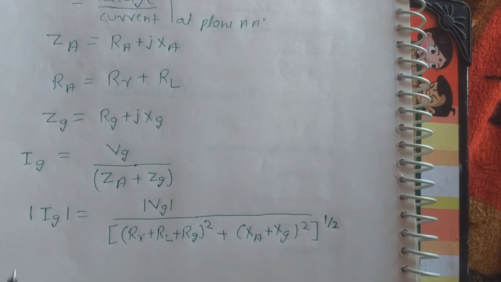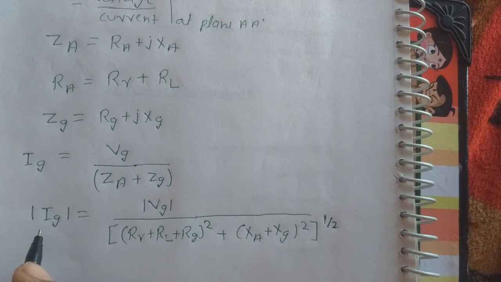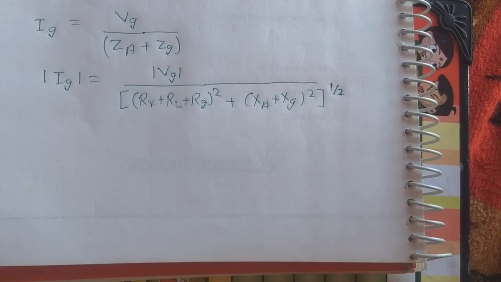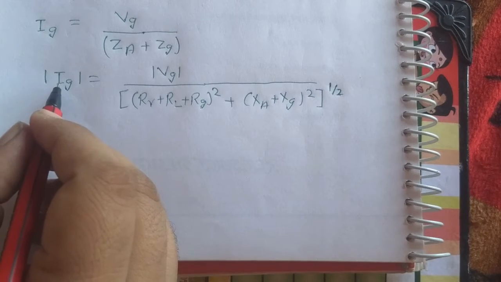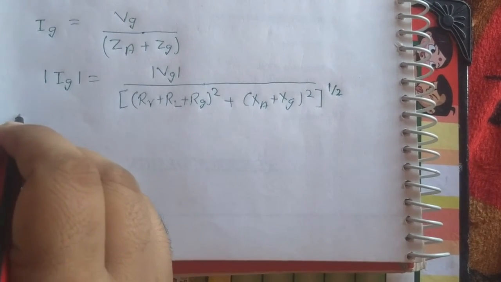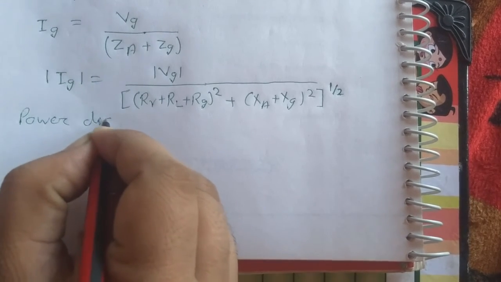Now see here, we have calculated the value of current. With the help of this current we can find the losses. यहाँ पे Ig का वैल्यू कैलकुलेट कर लिया है, टोटल वैल्यू ऑफ करंट. So with the help of value of Ig we can calculate power distribution.